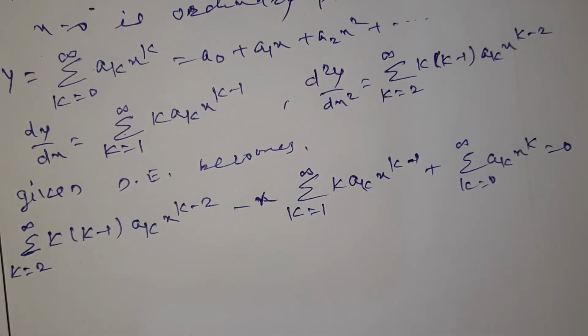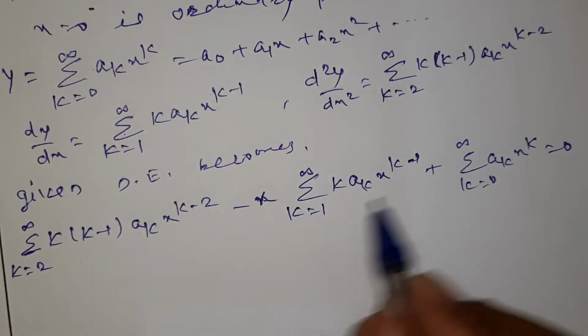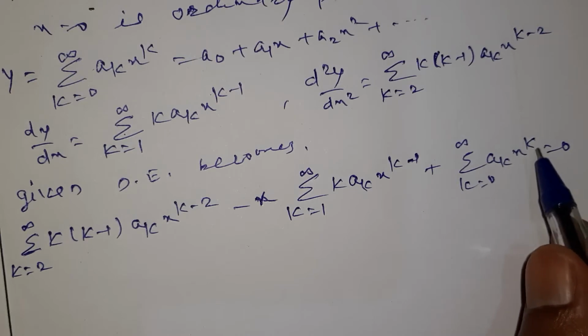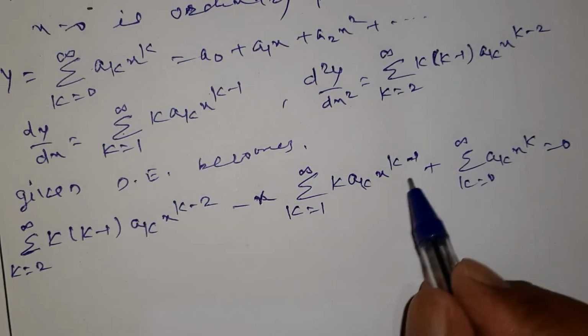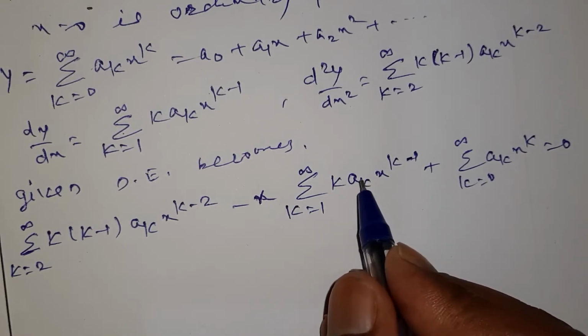As I told you, I want every term in terms of x raised to a single power, x raised to m. Here it's x raised to k, it's okay, no problem. We can write k equal to m. Multiply this x inside the bracket.